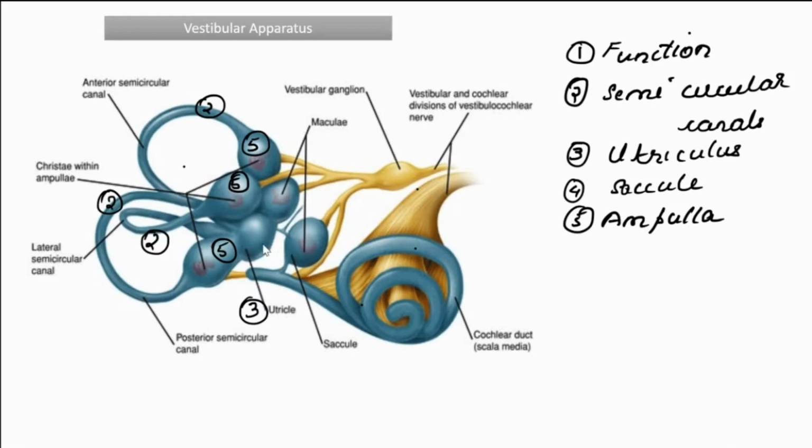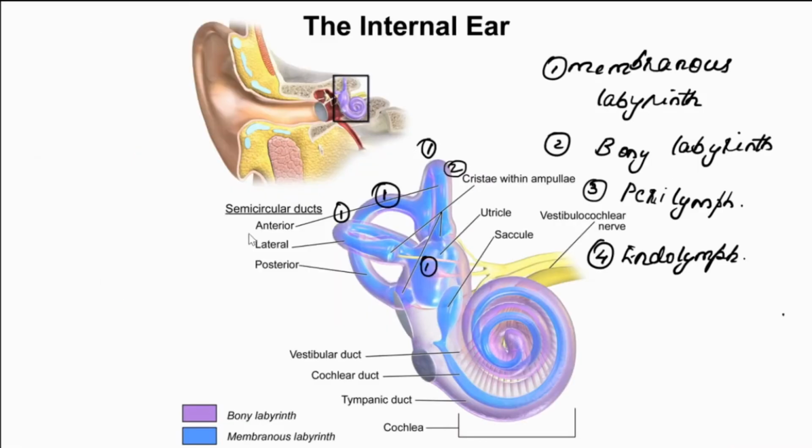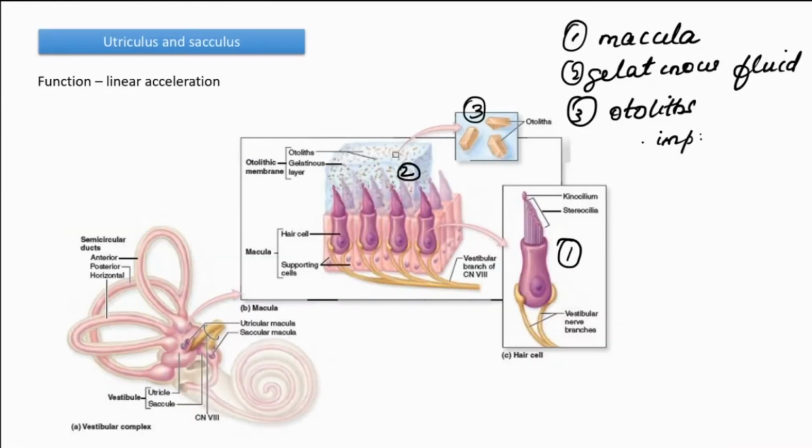This is the utriculus and sacculus. They are also swollen structures seen associated with the semicircular canals. Then we are going to learn about the internal structure of utriculus and sacculus. They are also fluid-filled chambers.